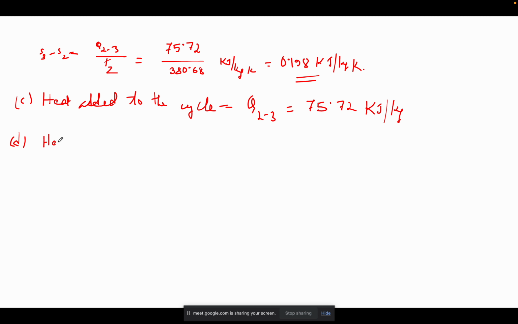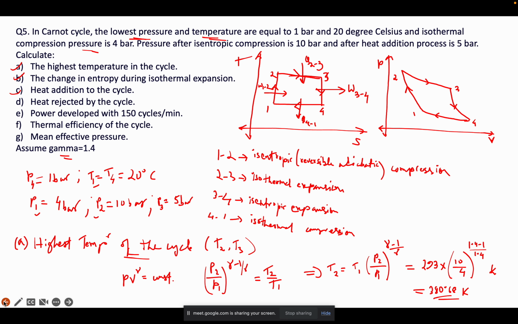Heat rejected by the cycle, so that is basically your Q4 to 1. Yes or no? Because this 4 to 1 process, it is rejecting some amount of heat.